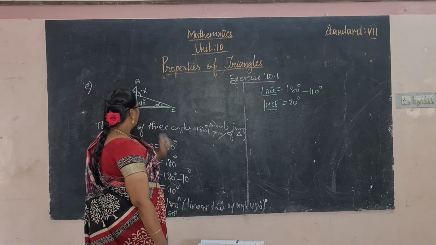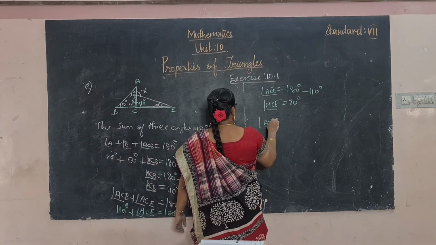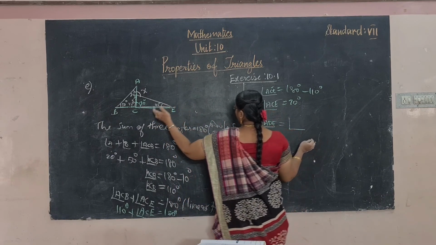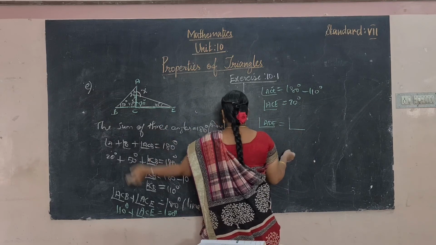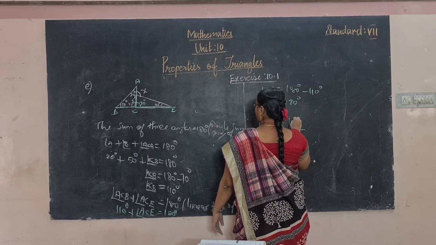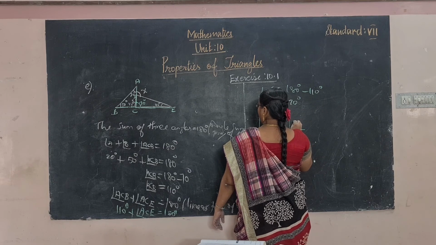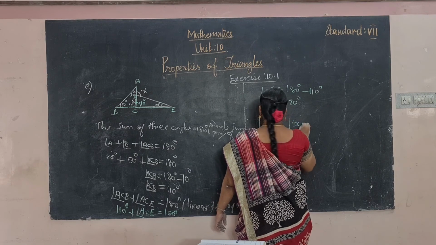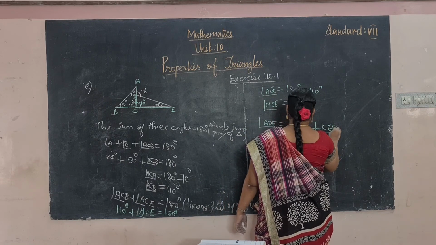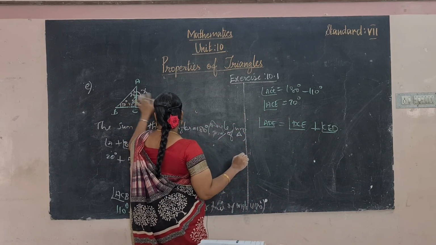What is the exterior angle? So angle ADE is equal to the sum of the opposite interior angles: DCE plus CED.